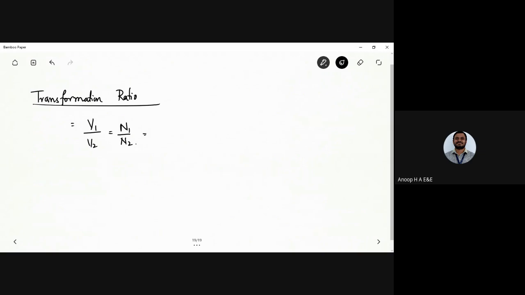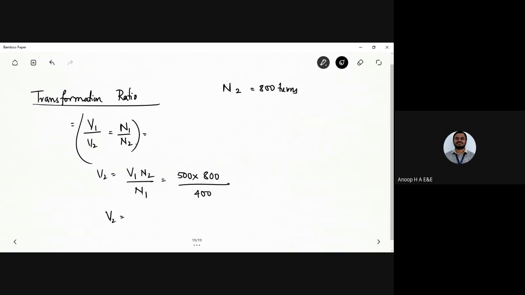Given N2 is 800 turns, I want to calculate V2. So that is V1 N2 divided by N1, which is 500 into 800 divided by 400. So V2 is 1000 volts.